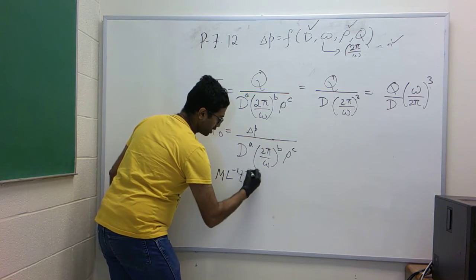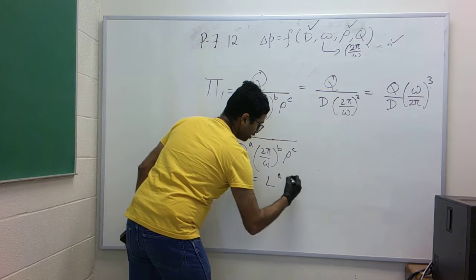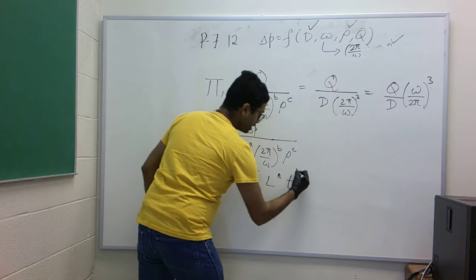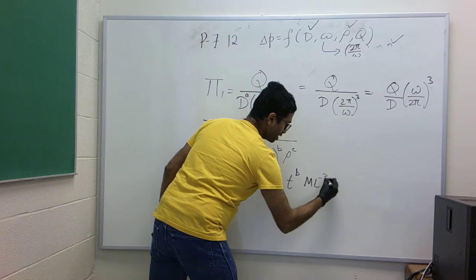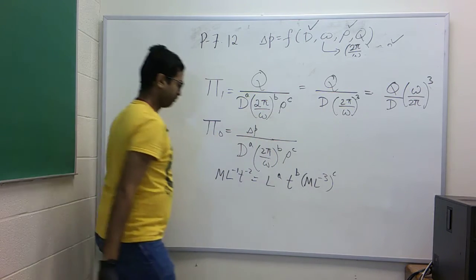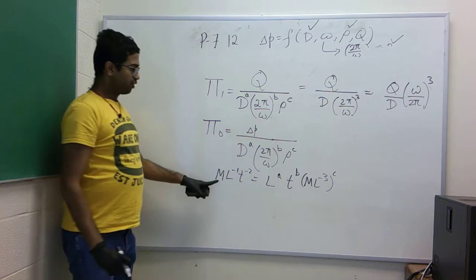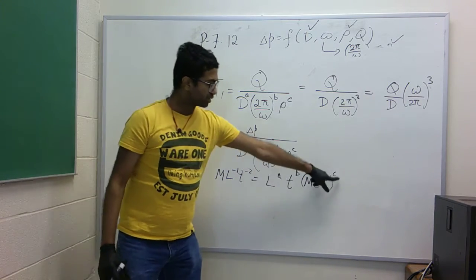M L to the minus 1 T to the minus 2 should be equal to L power A, T power B, and then M L to the minus 3 power C. If I just compare, there is a mass here, there is M power C here.